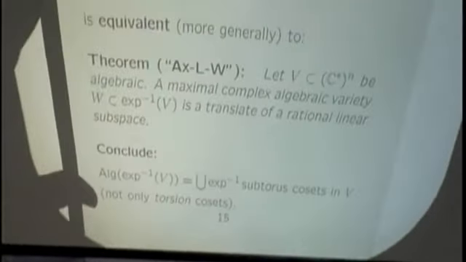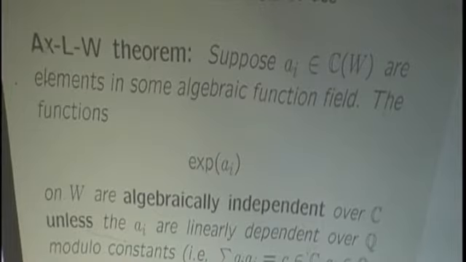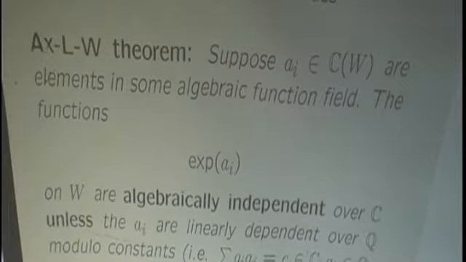So by this quite classical theorem of Ax, let me state it here. This is a special case of Ax's theorem, that if you have algebraic functions whose exponentials are algebraically dependent over C, then those functions are linearly dependent over Q modulo constants. Some rational linear combination of the functions is a constant.